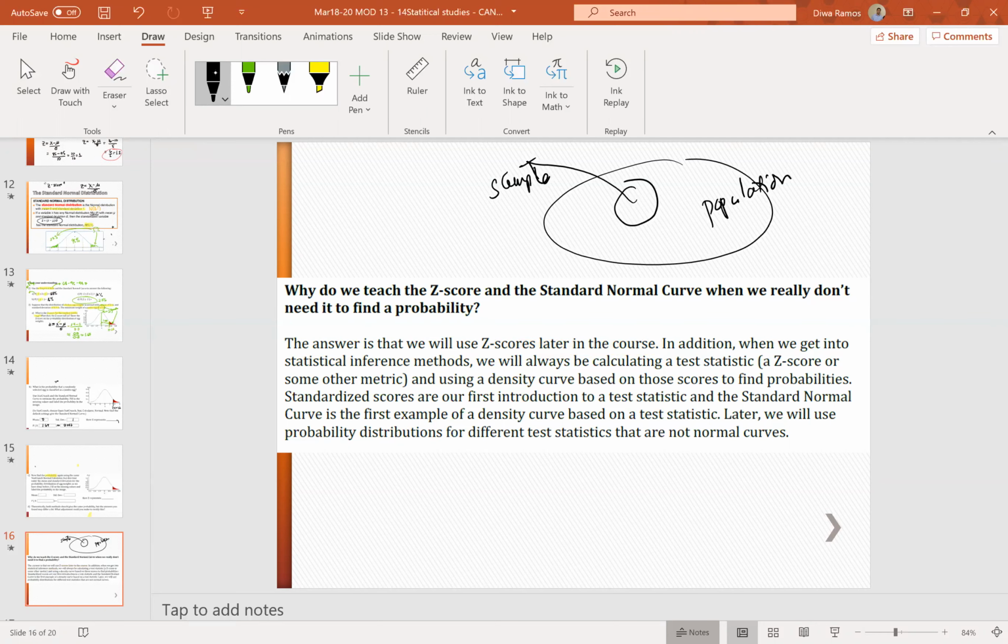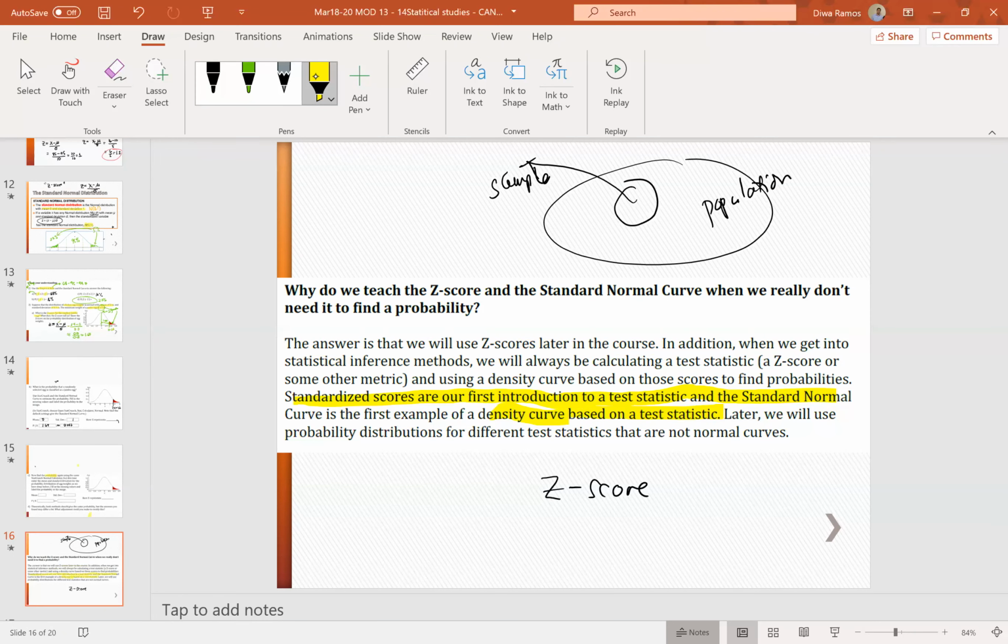Standardizing scores is your first look, your introduction to what we call a test statistic. So z-score is a type of test statistic. There's a bunch of them, and the standard normal curve is the first example of a density curve or the distribution that is based on a test statistic.